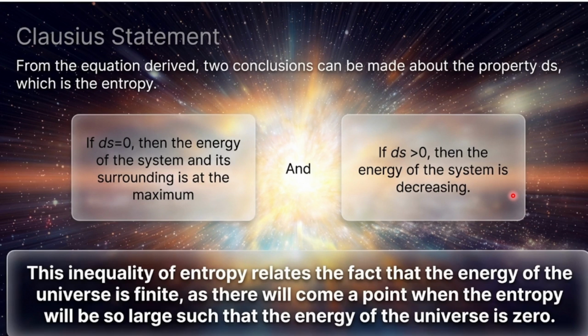When the Big Bang occurred and there was maximum energy in the universe, the entropy change was 0. But as we progress further into the age of the universe, the energy content of the universe is decreasing. Therefore, the entropy is increasing. So there will come a point where the entropy will be so large that the energy of the universe is 0, calling the death of the universe.